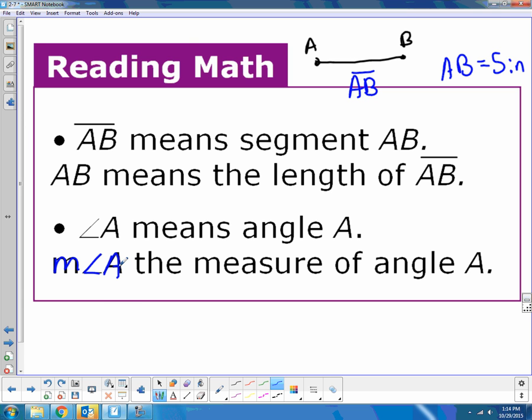So if we have this angle here, we'd call that angle A. And if we measured from here to here with the protractor to figure out how big that angle is, we could say the measure of angle A equals 40 degrees. And so that's just some notation pieces. So when you see that M angle A symbol, you know what they're talking about. It's the measure of angle A.